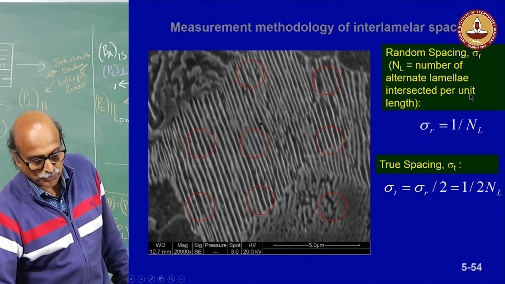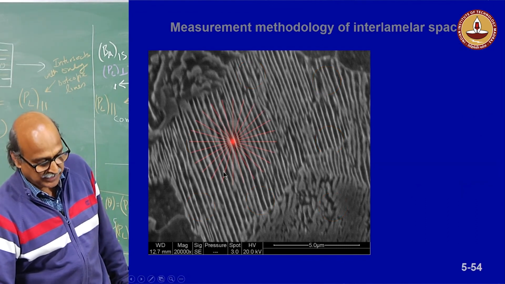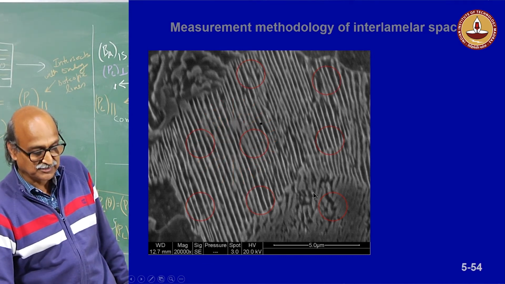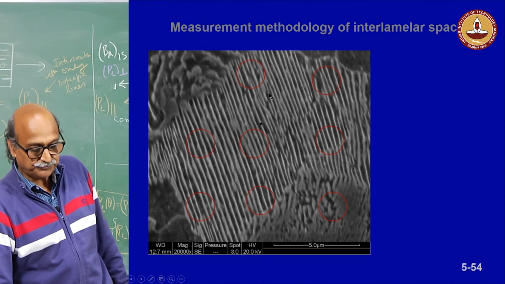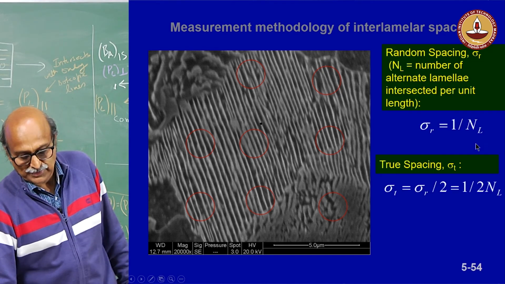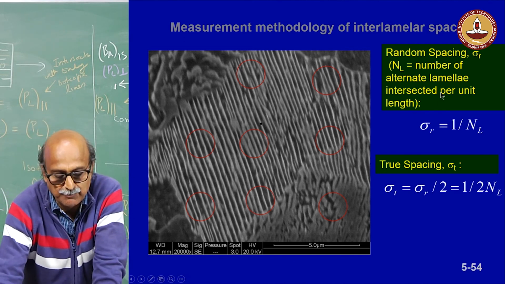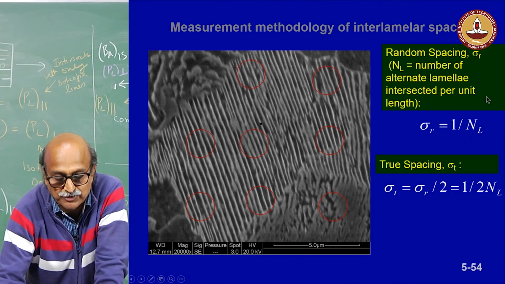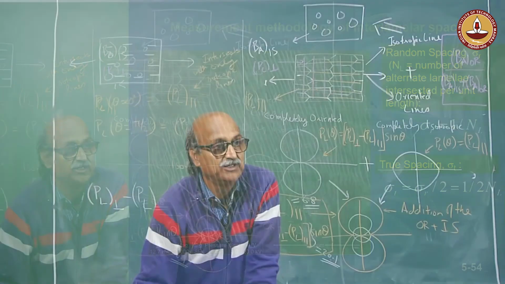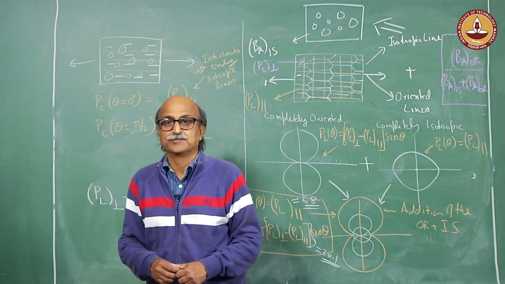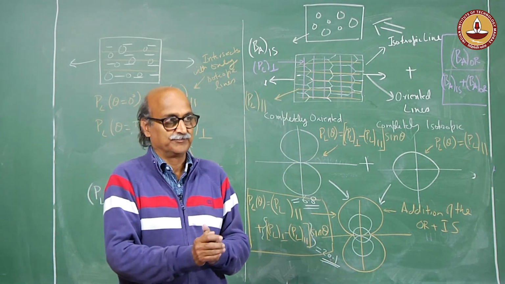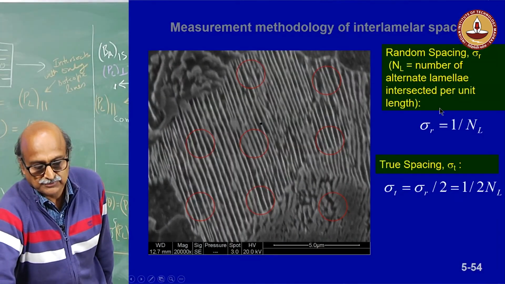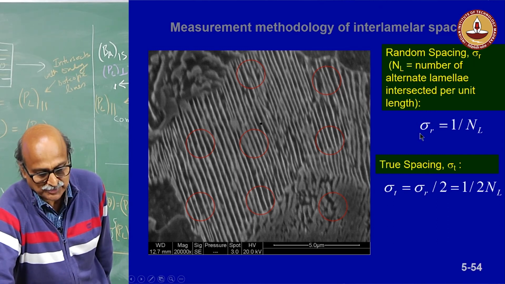Okay. I can use this average varying orientation line probe, or I can use these circular line probes to get NL, the number of alternate lamellae intersected per unit length. Reciprocal of that would give me what is called the random spacing between the alternate lamellae. Okay. Interlamellar spacing would be defined like that, cementite to cementite plate or ferrite to ferrite plate. So, this sigma r becomes the random spacing.